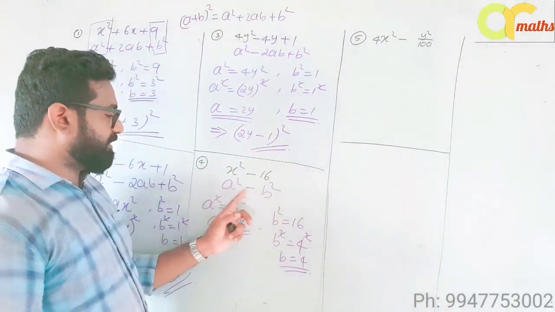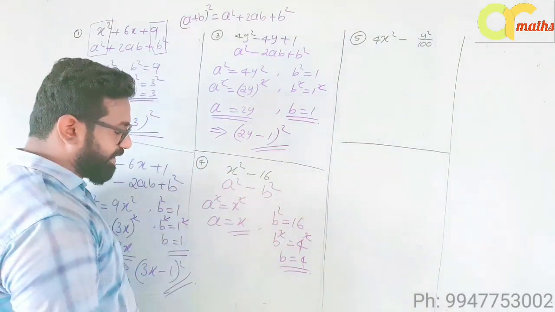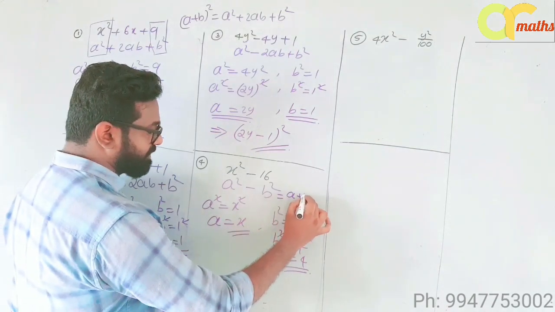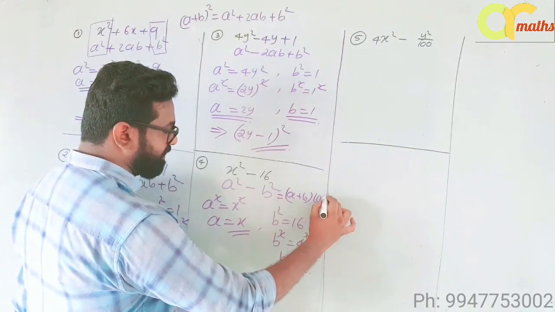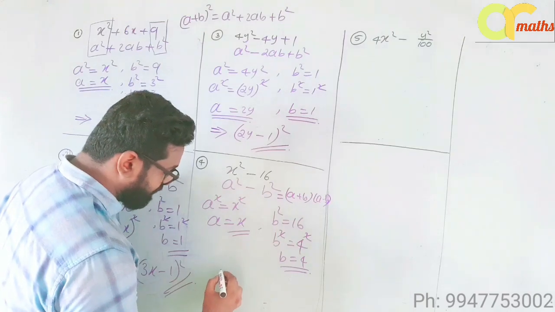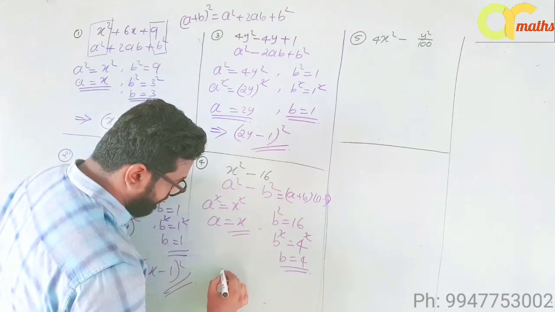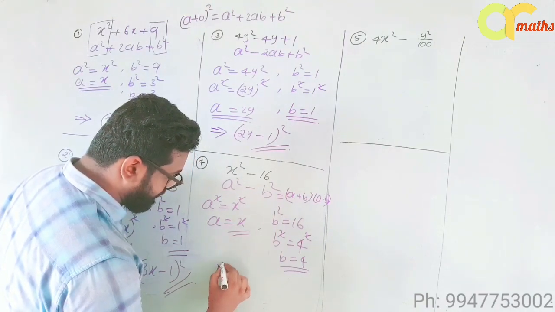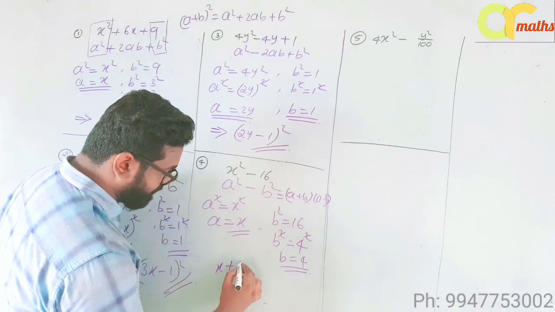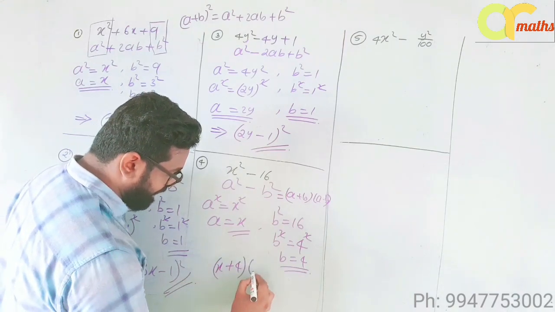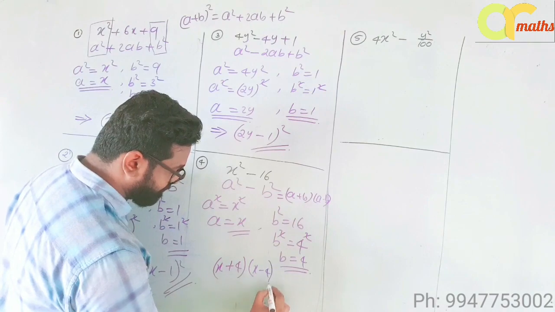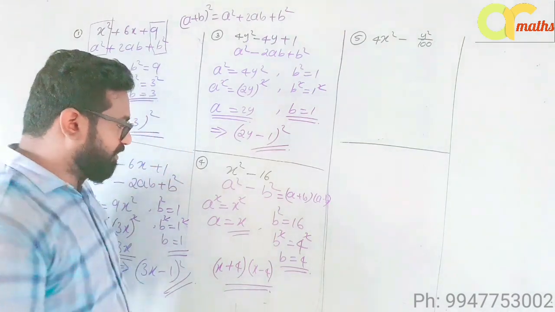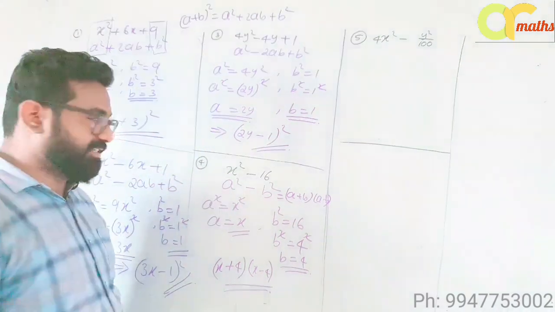You know a square minus b square is (a plus b) into (a minus b). That is (a plus b) into (a minus b). Okay. So here write as (a plus b) into (a minus b). What is a here? x plus b 4 into a minus b x minus 4 is the factorized form of x square minus 16. Very simple.